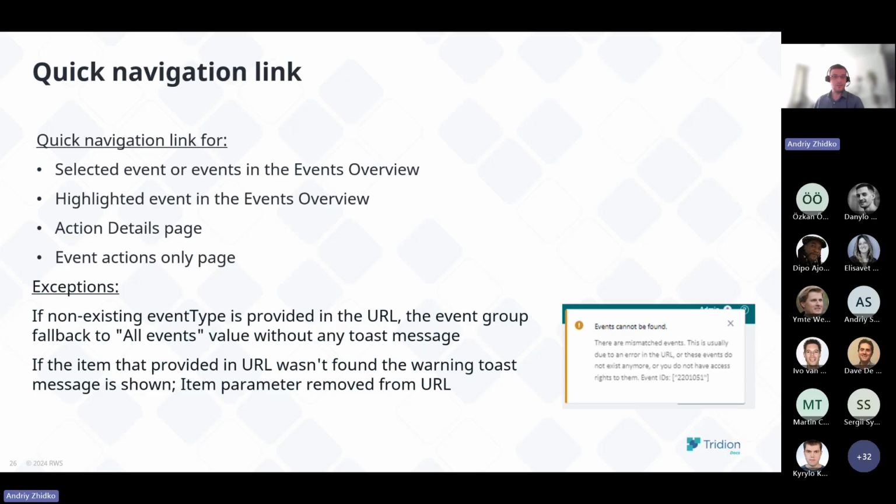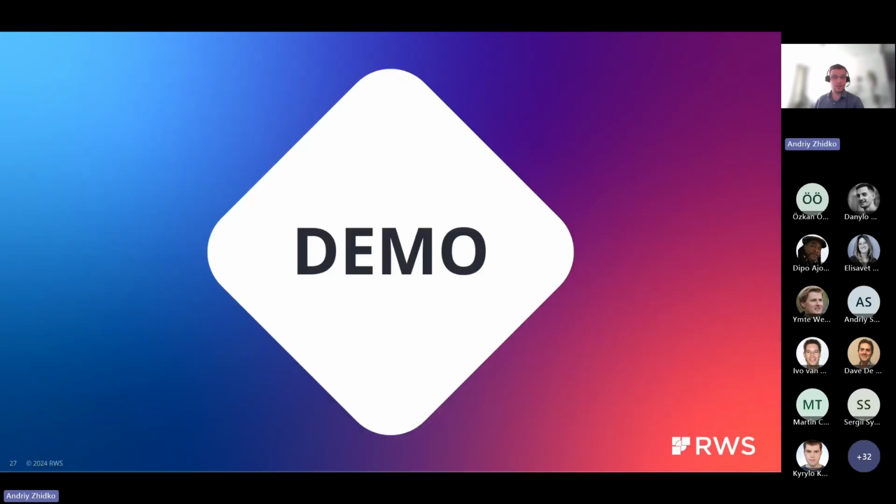You might receive an exception in case the provided URL is not correct. For example, if the event was removed, then by default we'll fall back to all events, and you will see a toast message explaining why the link was not navigated properly. Let's do the demo.